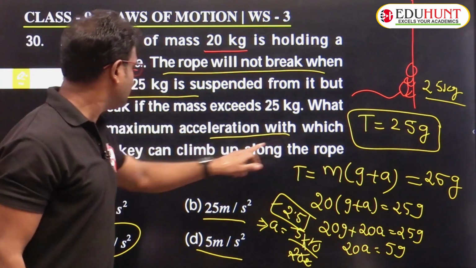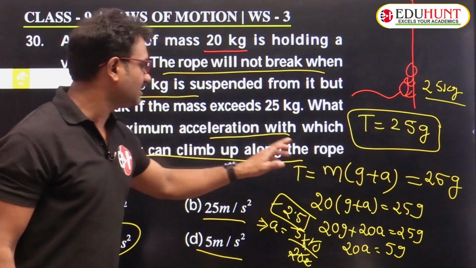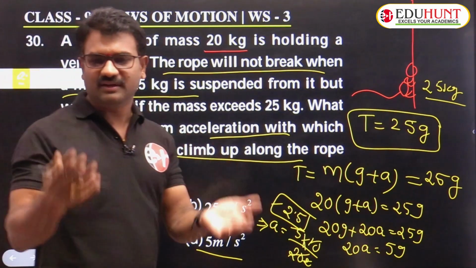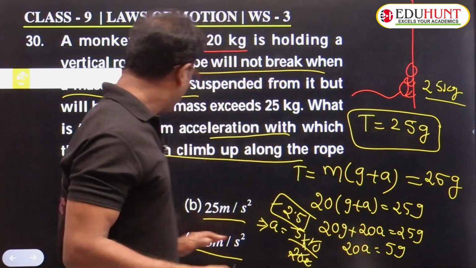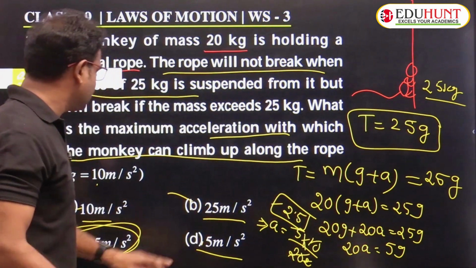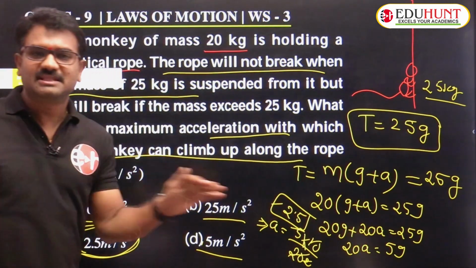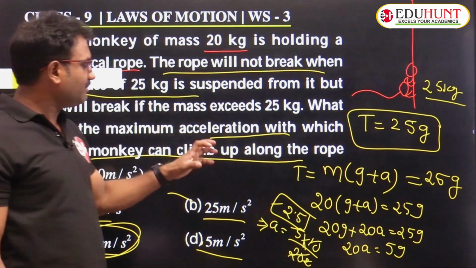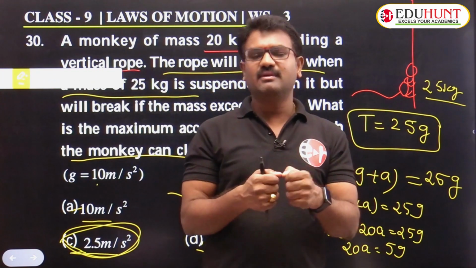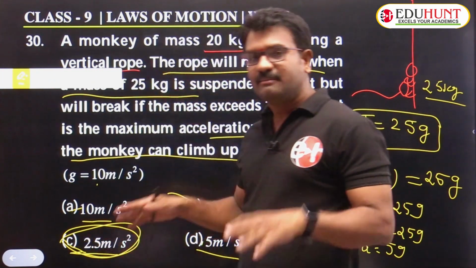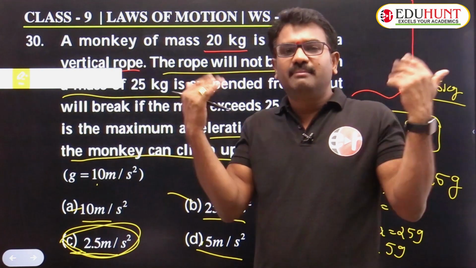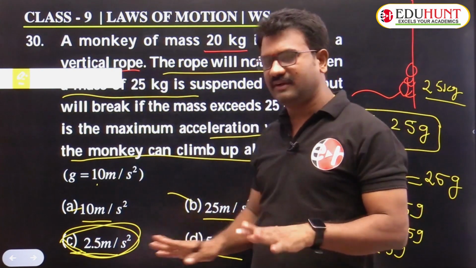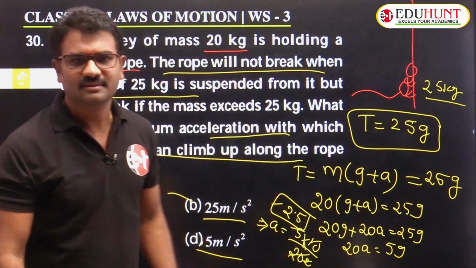What is the maximum acceleration with which the monkey can climb so that the rope will not break? More than 2.5 anywhere it will break. So what is the maximum safe acceleration? 2.5. That is what he asked. Anything more than that breaks, anything less is no problem. So the maximum limiting value is 2.5. That's it. Got it?